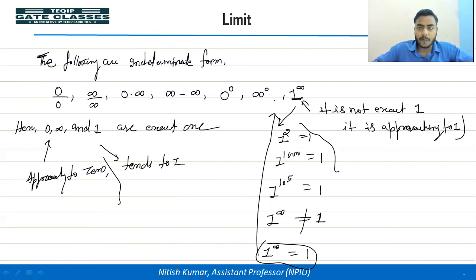So these are the 7 forms that we have, that are called indeterminate forms. And by solving a limit which is in the form of indeterminate, we can apply a special method to calculate the limiting value.